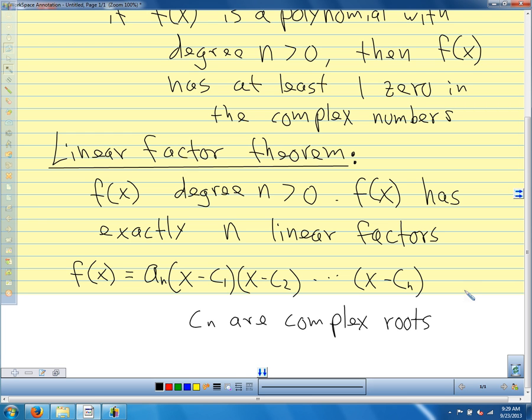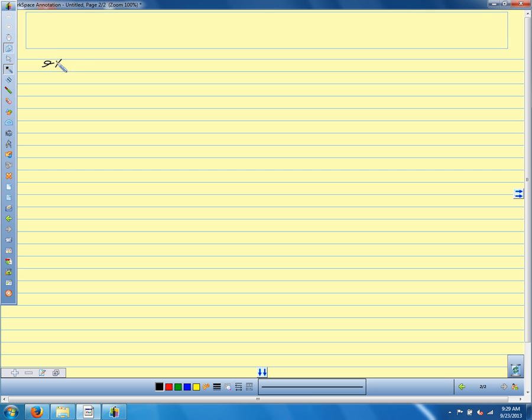So what I want to do is an example. I'm not going to go through the entire process because we know the process by now, but we'll talk about it, and then write our polynomial out in completely factored form. So let's look at f of x equals x to the fourth minus 3x to the third plus x minus 3.